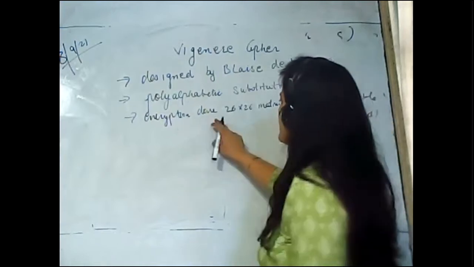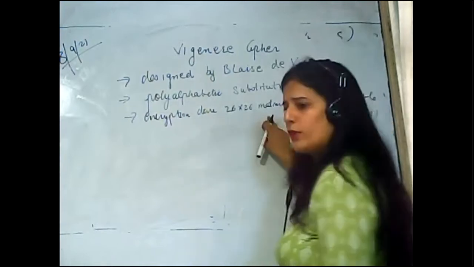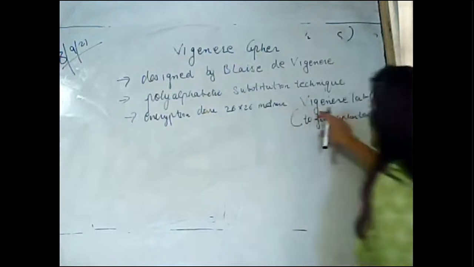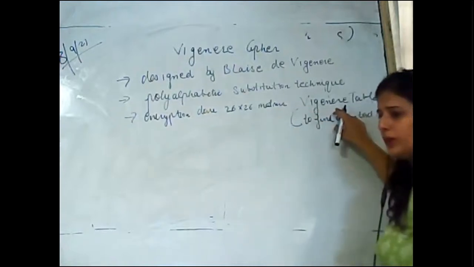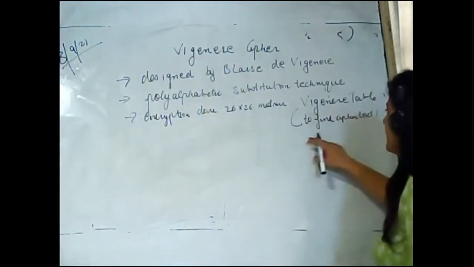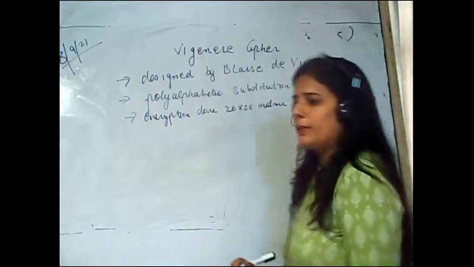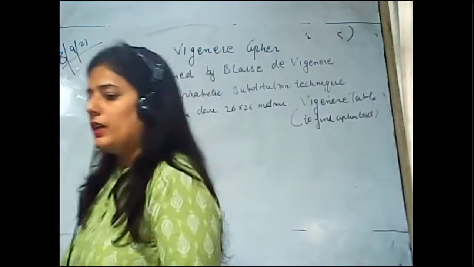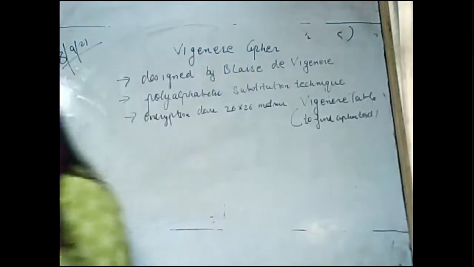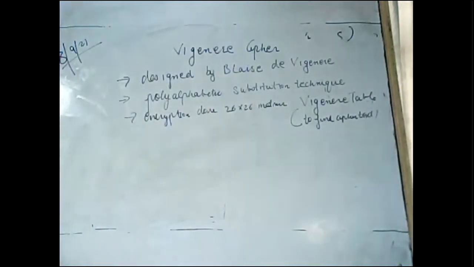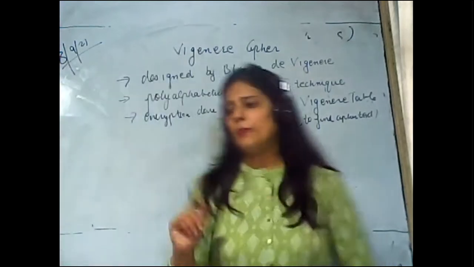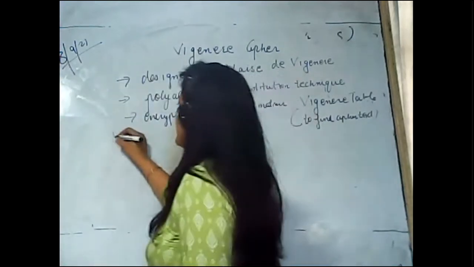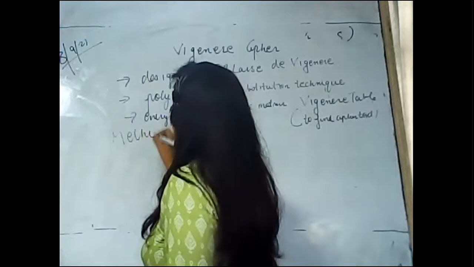Encryption is done here using a 26 by 26 matrix, in the form of a table known as a Vigenere table. Why do we require this Vigenere table? To find the cipher. Just remember one thing: if you are using this Vigenere cipher technique, there are two methods. The first method is related to the table, where we will use the Vigenere table.